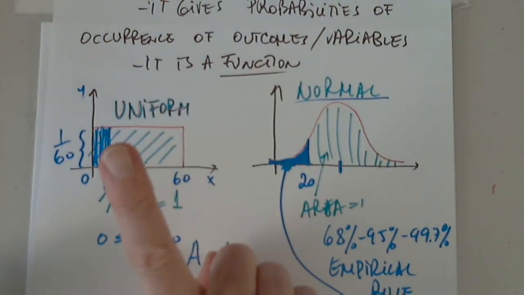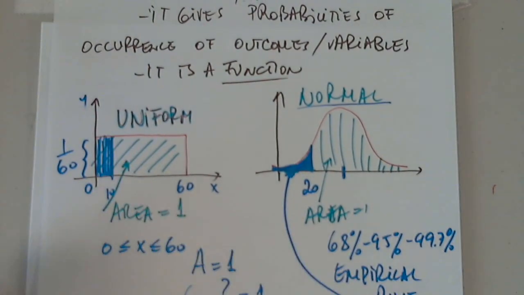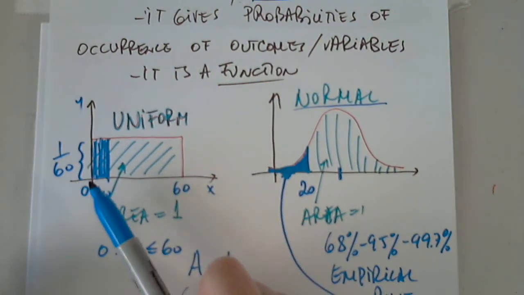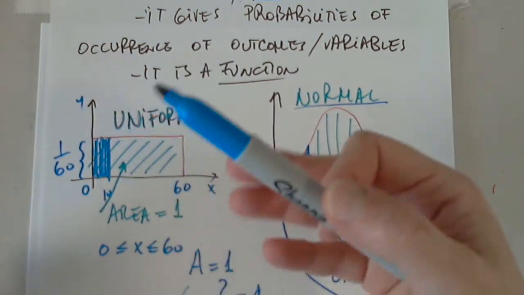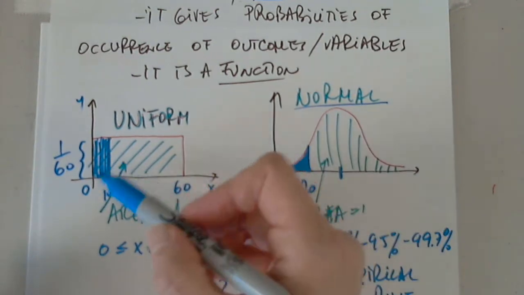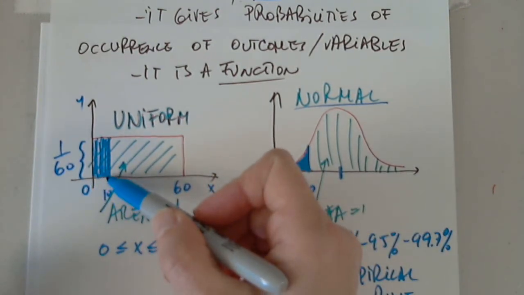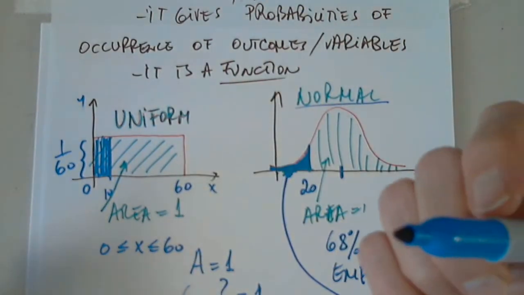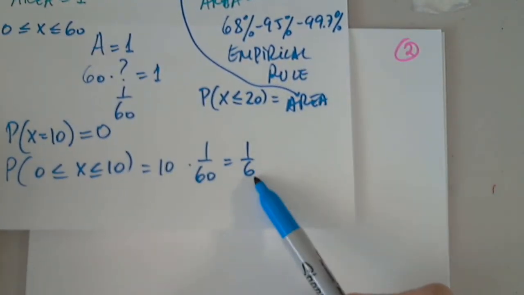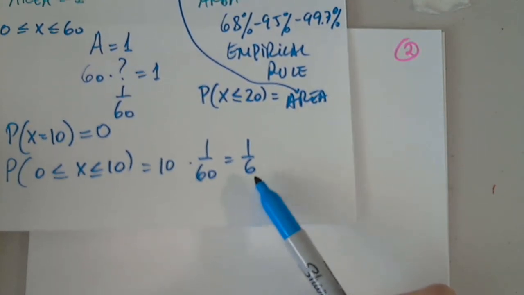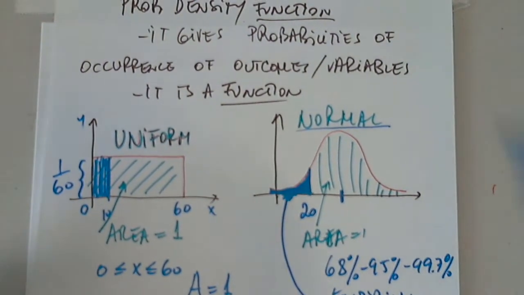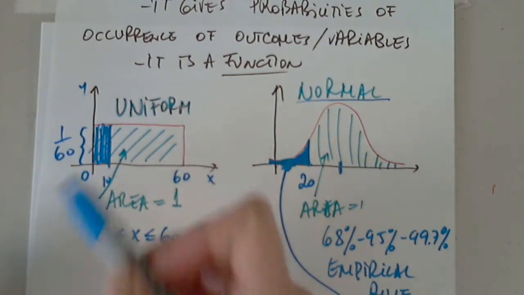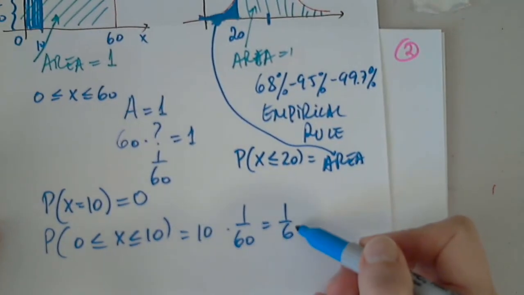Two things. Number 1, what is the probability that we will get a letter, let's say, between 0 and 10 minutes from now on? That's the probability. The probability is 1 over 6. If we randomly select something, what are the chances that they will be between 0 and 10? Same thing, 1 over 6.